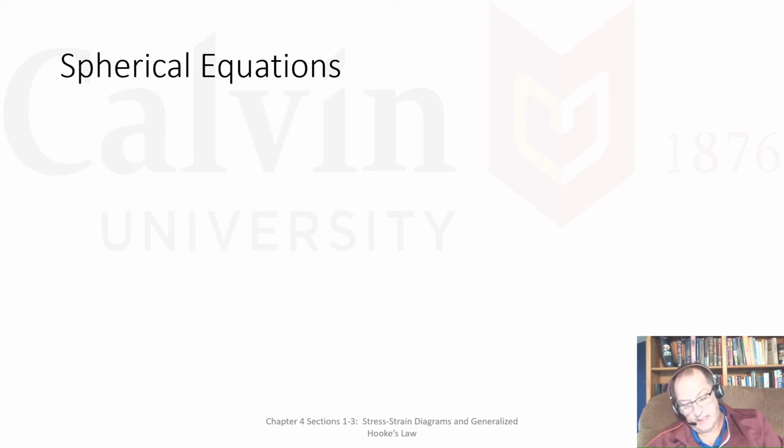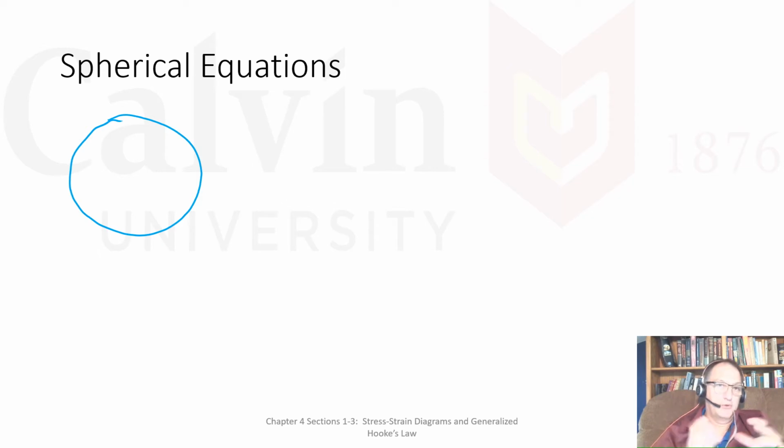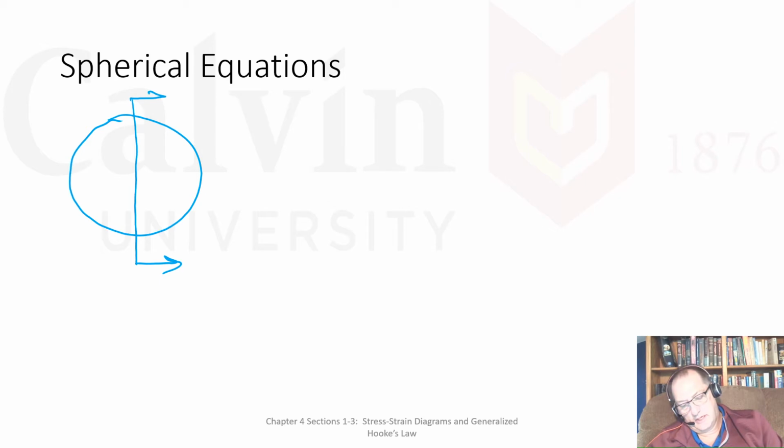We'll start by looking at, okay, imagine it's round. And I don't mean just a circle, but I mean imagine that that's a sphere. And now we're going to cut it along that plane like that. And so what you're going to see is it's going to look right like that.